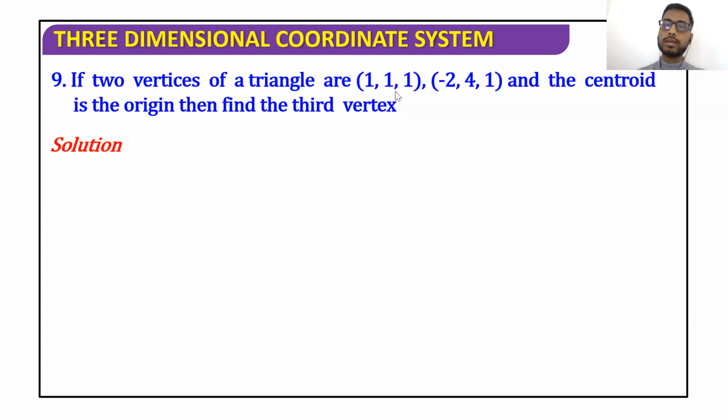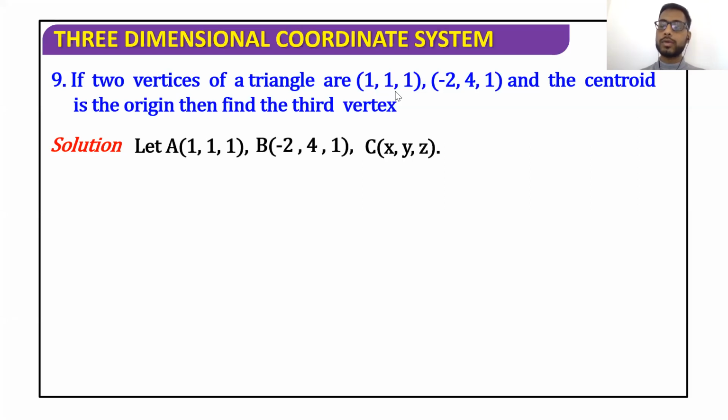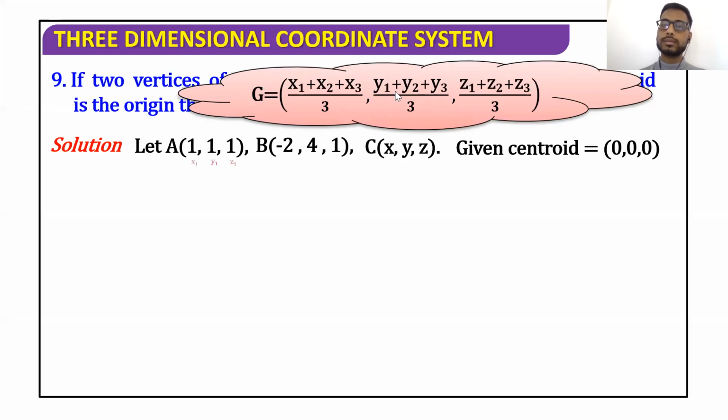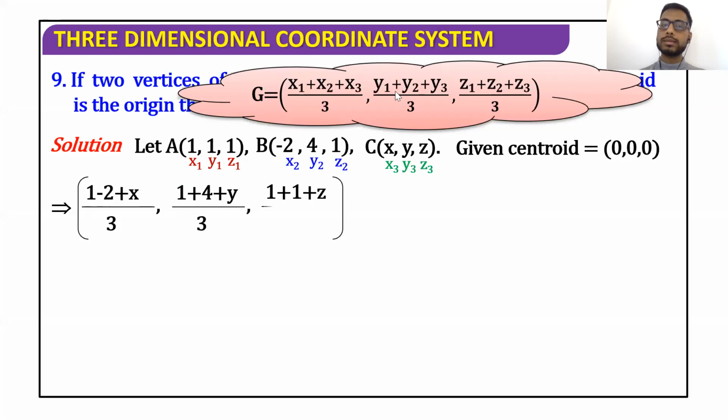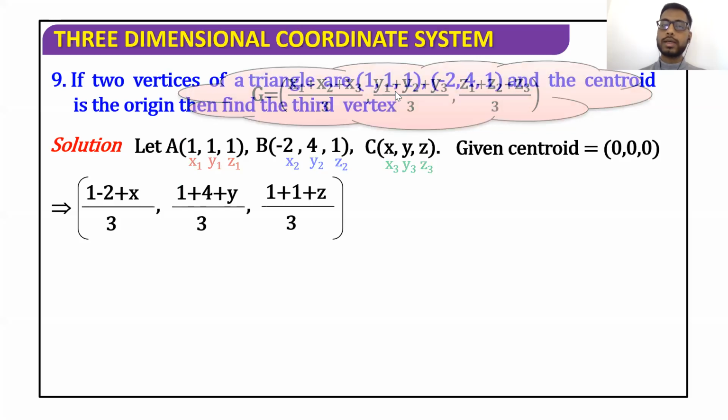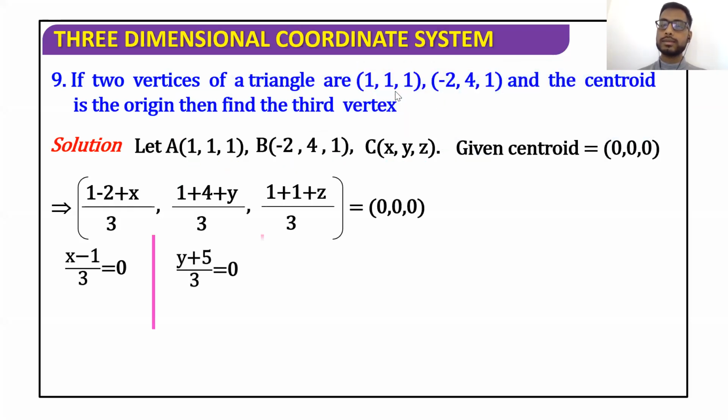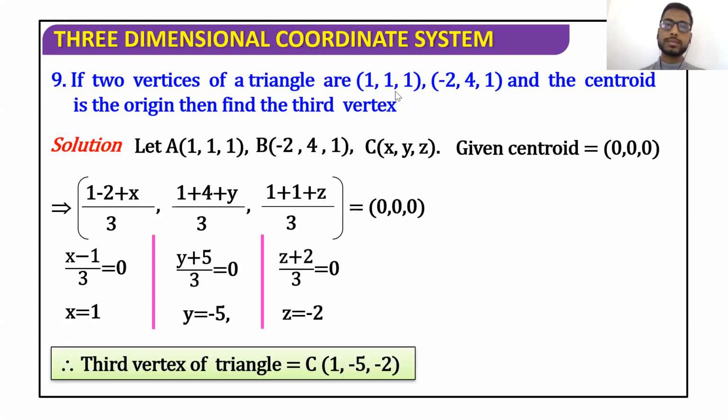So if I want to find my x coordinate of centroid, which is 0, I can equate that to x1 plus x2 plus x3 upon 3, which means 1 plus minus 2 plus x upon 3. So solution is going to be this. I'm going to assume the third coordinate as x, y, z. Centroid is origin. Just equate, put in the formula. Equate x coordinate, y coordinate and z coordinate to simplify and get your third vertex.